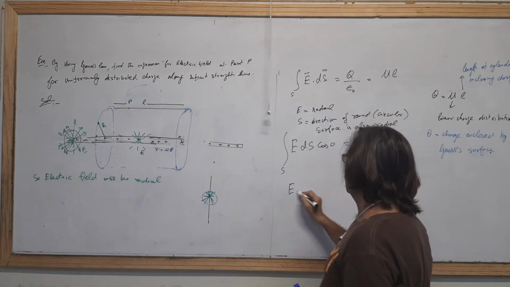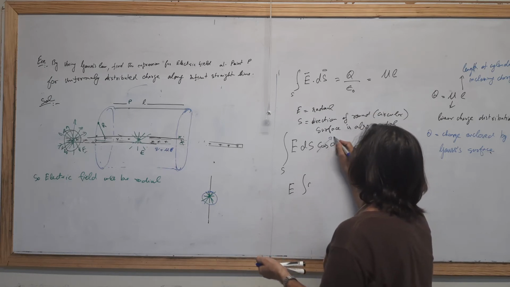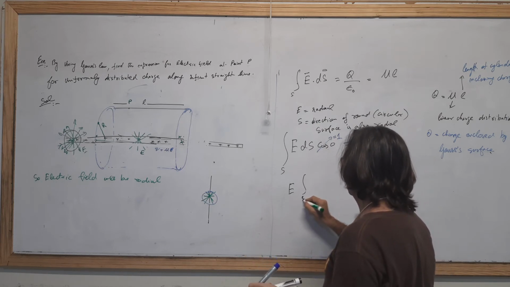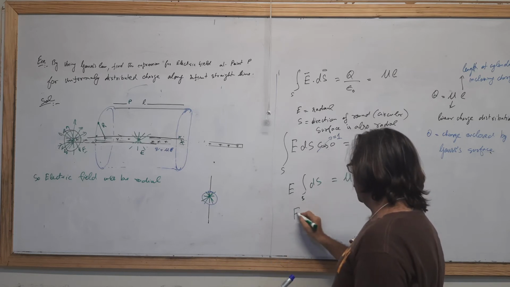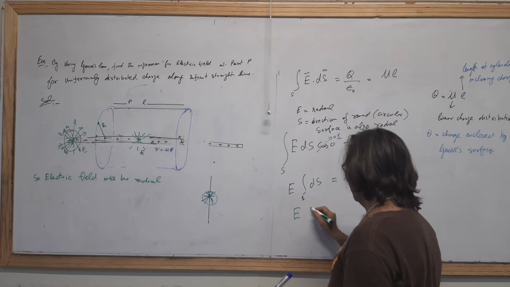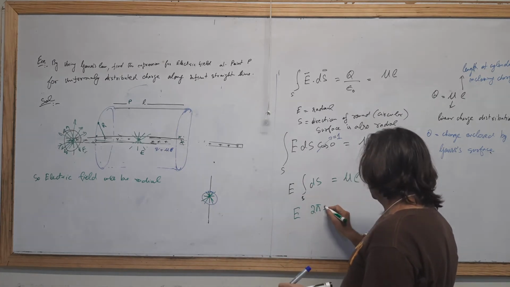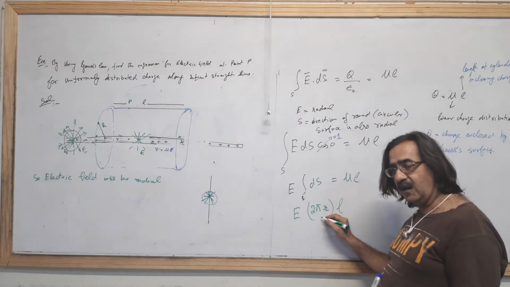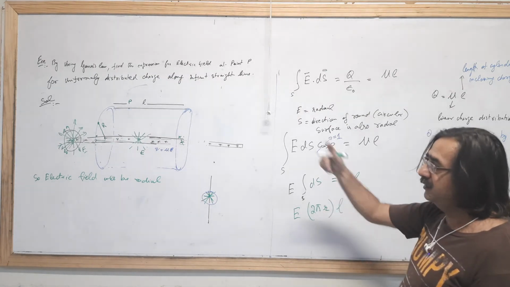And E comes out, leaving the integral of dS, that will be mu L over epsilon naught. The area will be the circumference 2 pi r times L, where L is the length of the cylinder, the circumference of the circle.